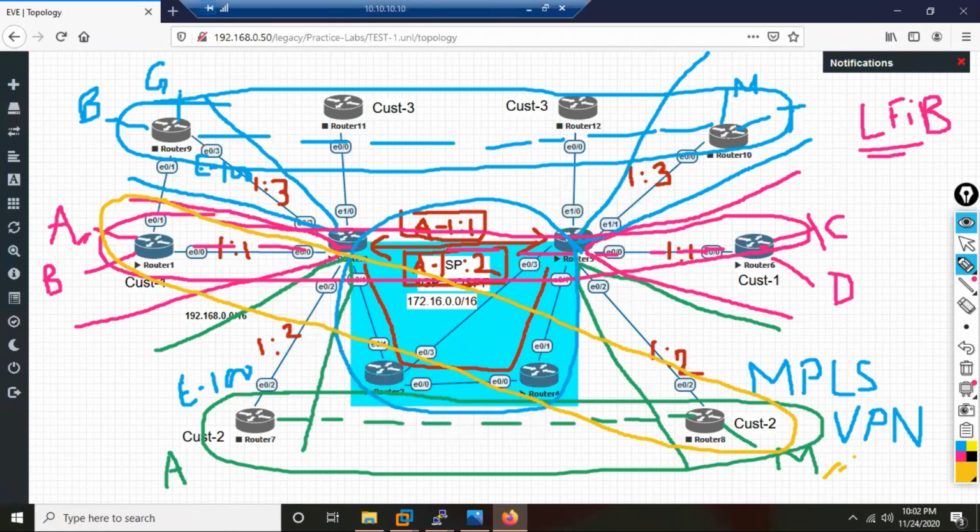RD cannot provide this solution, and that's the reason they said we should have something else along with RD, because that could be a requirement for the customer. It's not that every customer would do that, but it's a possibility.